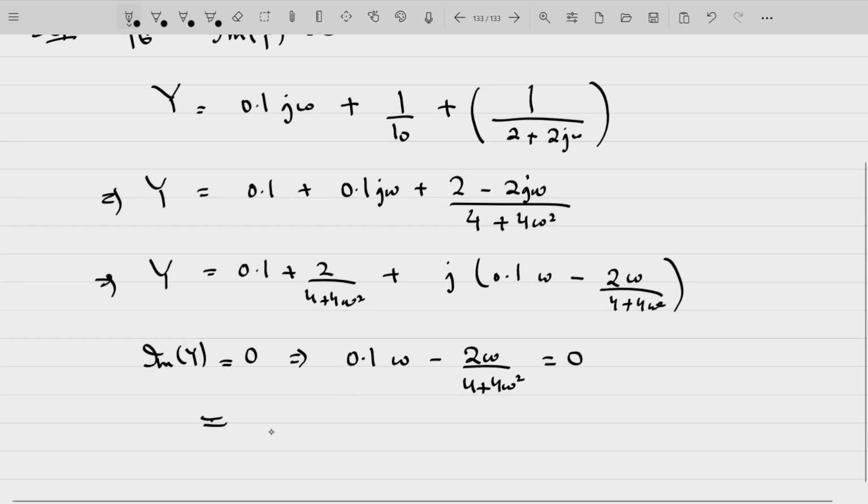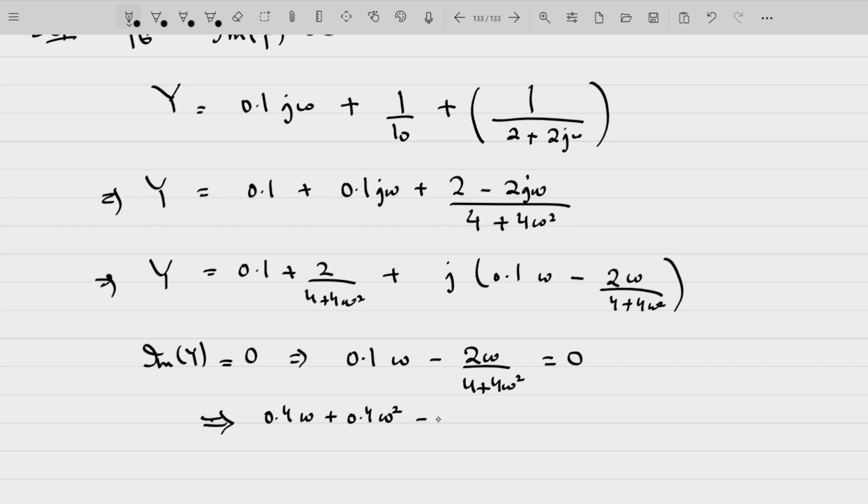So this is 0.4 omega minus 2 omega, that is actually 0.4 omega square minus 1.6 equal to 0.